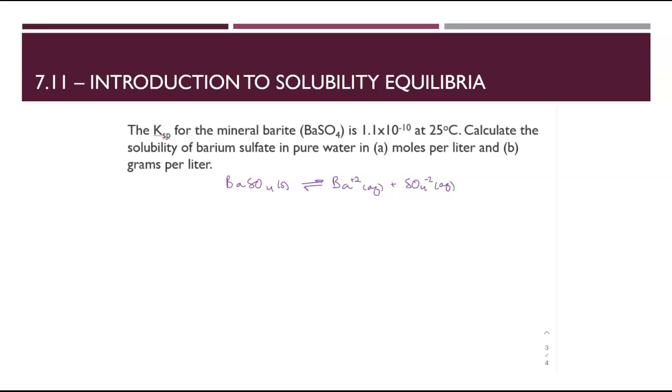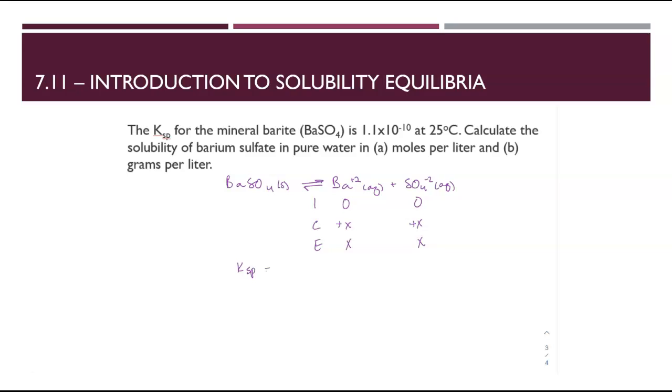Since we don't include solids in our equilibrium expression, we're only going to focus on our products for our ICE table. Initially, there aren't going to be any products, so we start at 0. They're going to go up by some amount x. They're in a 1-to-1 ratio, so the coefficients are 1. So at equilibrium, the concentration is equal to x.